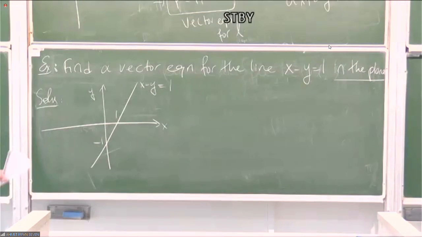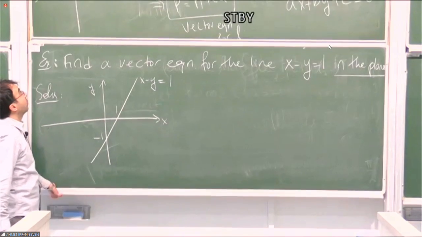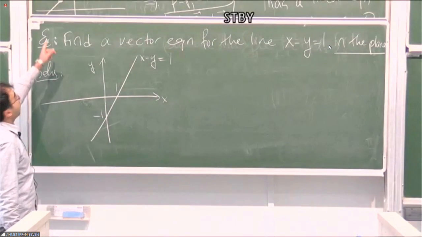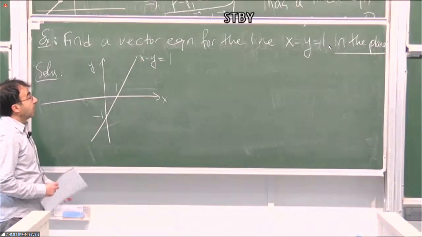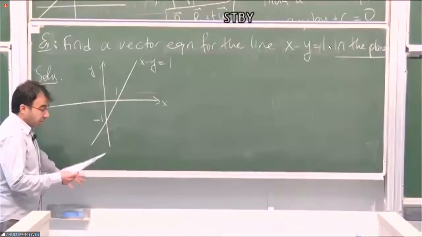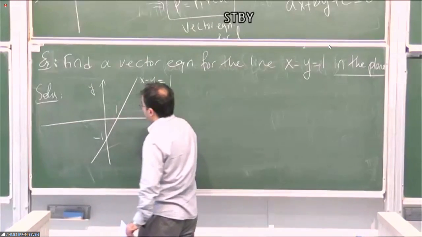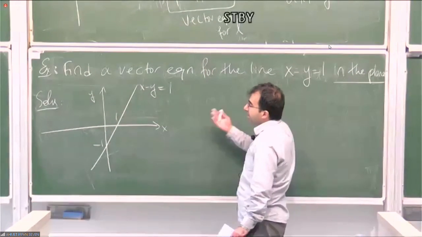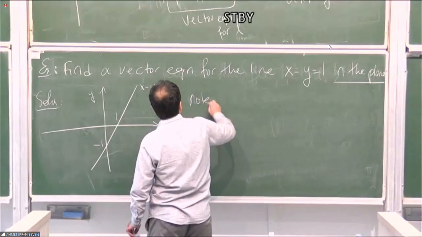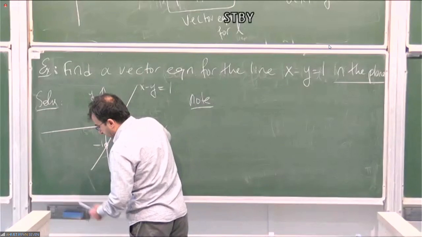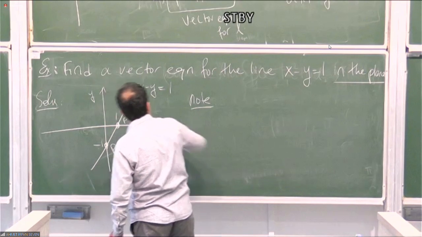Let's now write the vector equation. You see we need two things: a point on the line, and a direction vector. For this one, let's take two points. For example, these intercepts. Let's call this one P1, and this one P2.